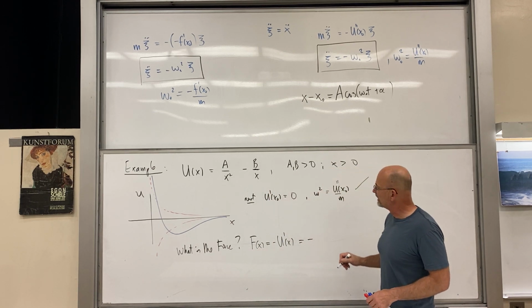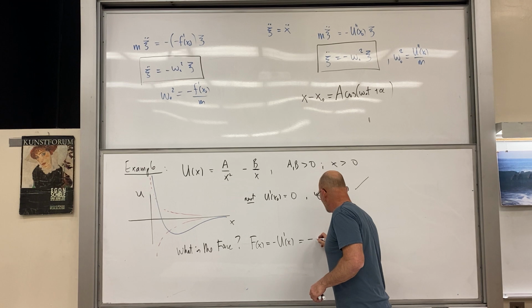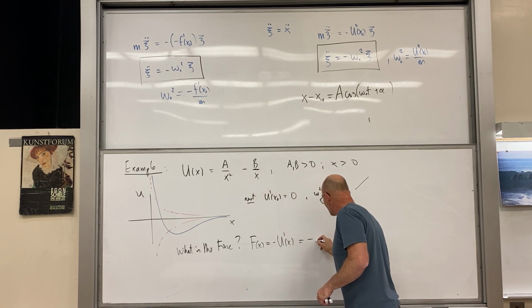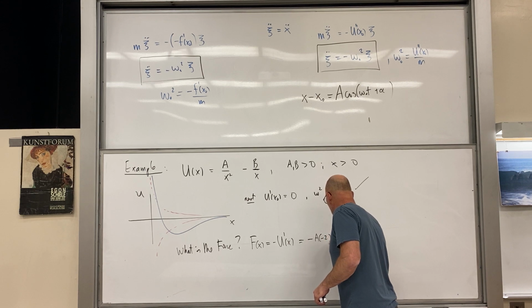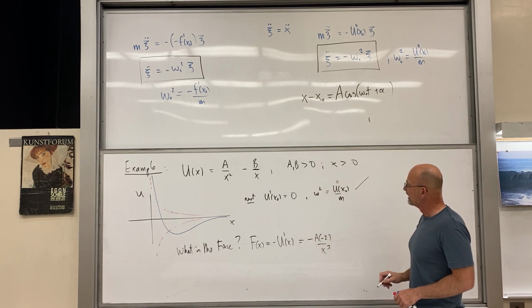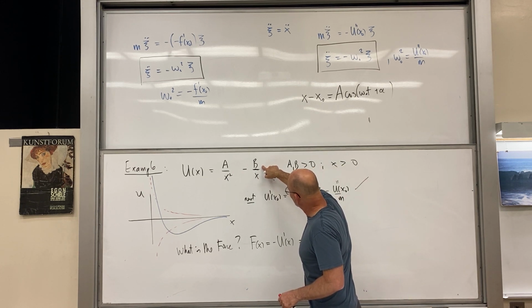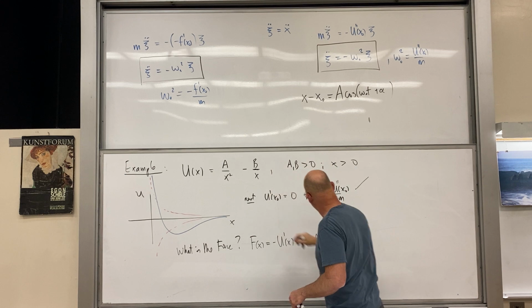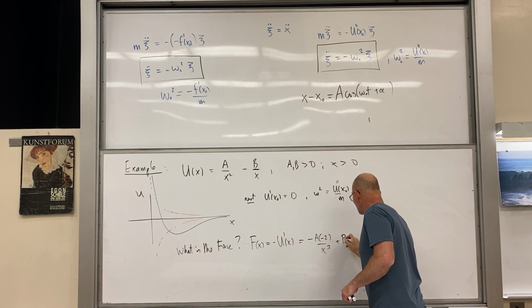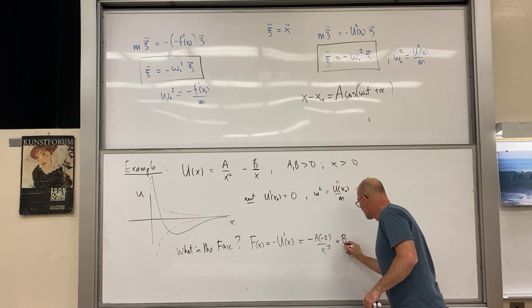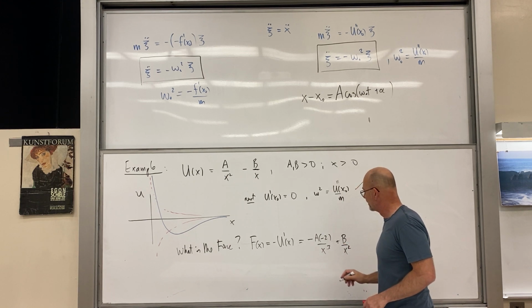So minus, and what do we have? A x to the minus 2, so minus a times minus 2 x to the minus 3. And then plus b. So that's b x to the minus 1, so plus b x to the minus 2. So b over x squared.